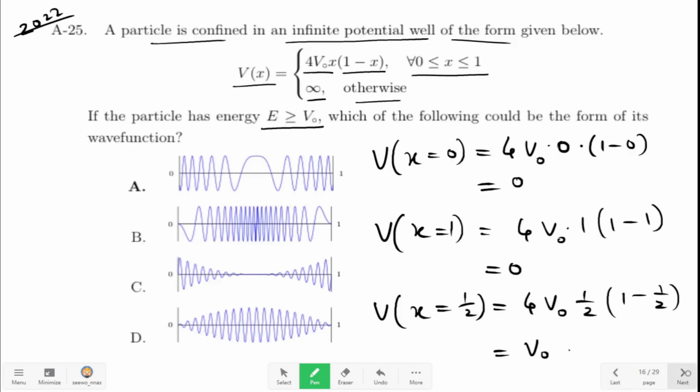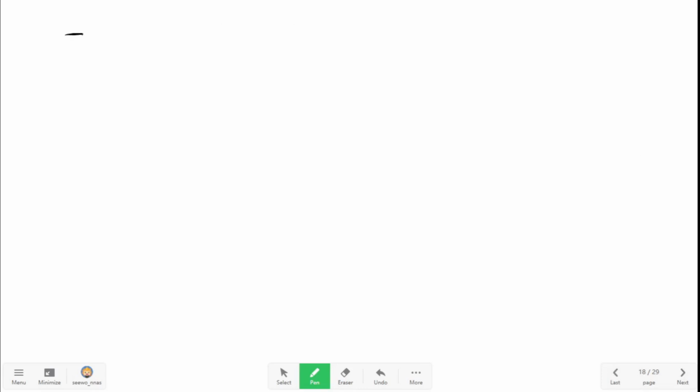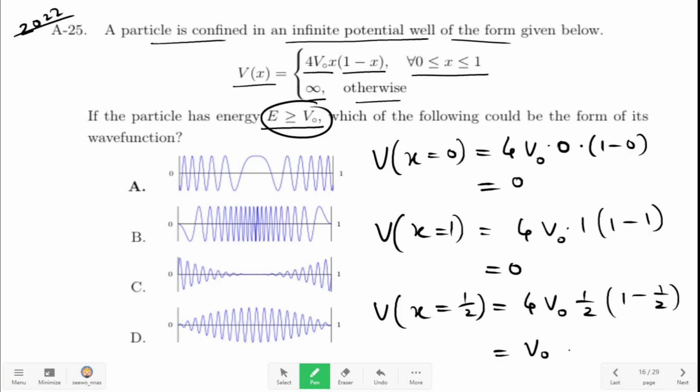So this is how our potential looks. Now we are given that E is greater than or equal to V₀, and we are asked what is the form of the wave function.